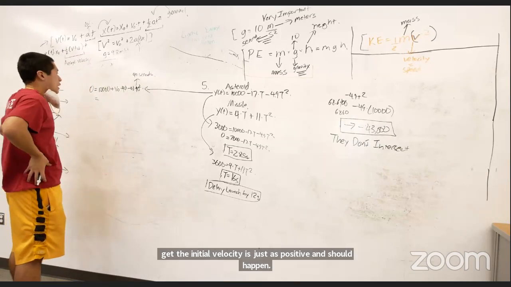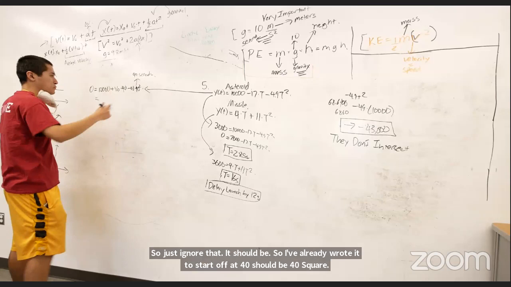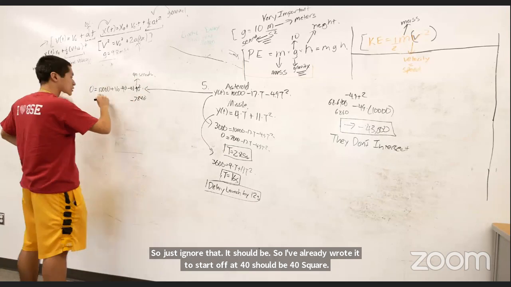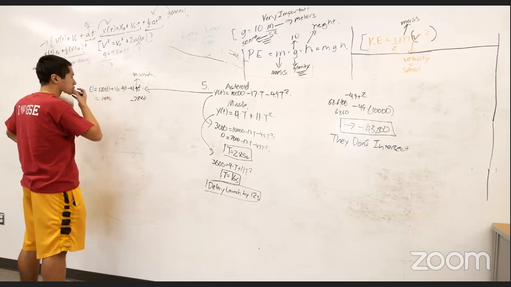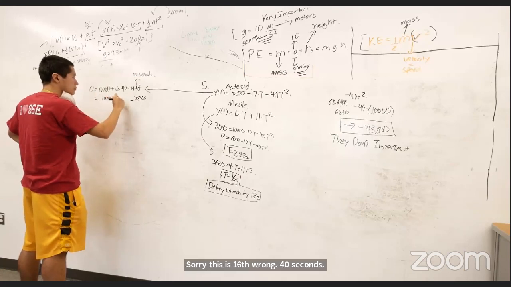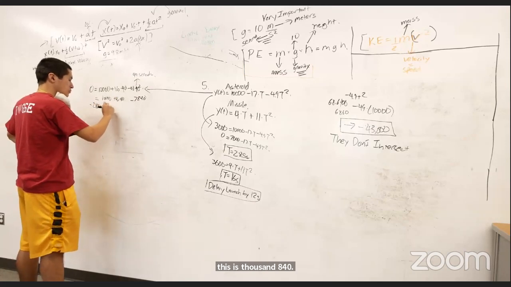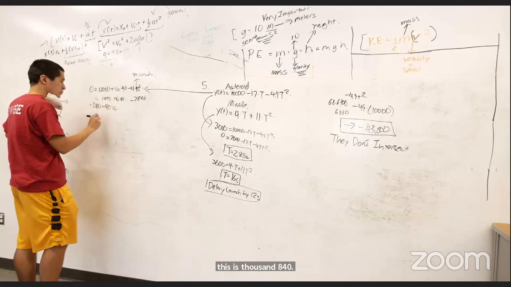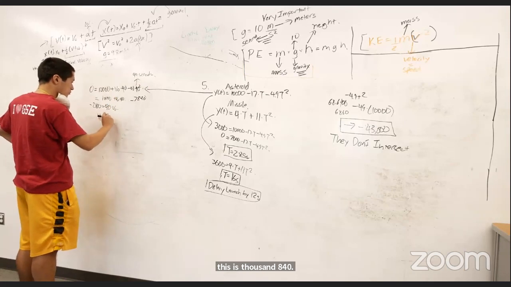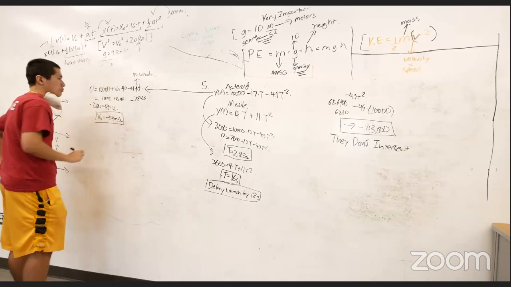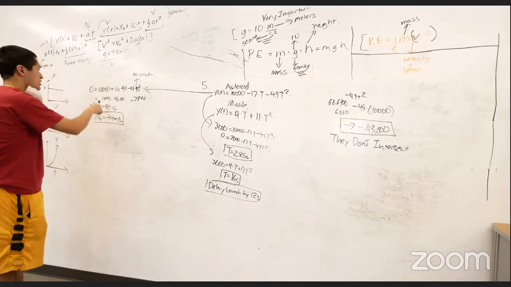Okay, so for this one, this is 70,840. What I just did here is I filled in everything.